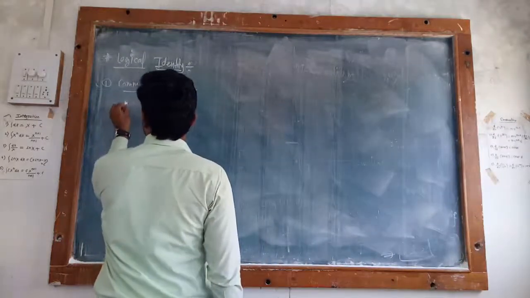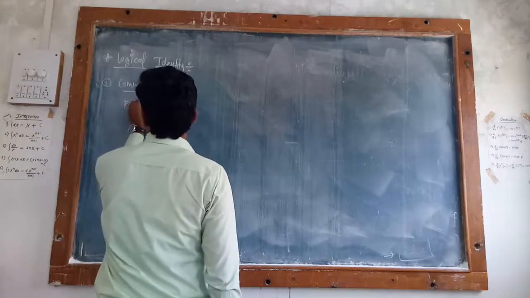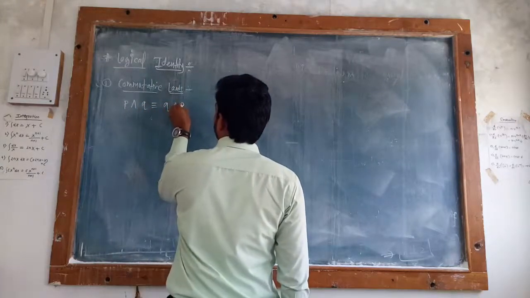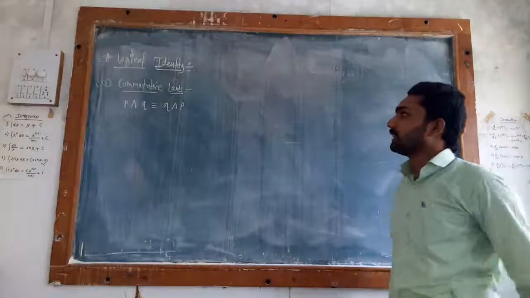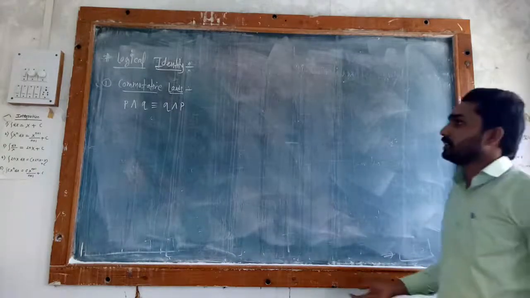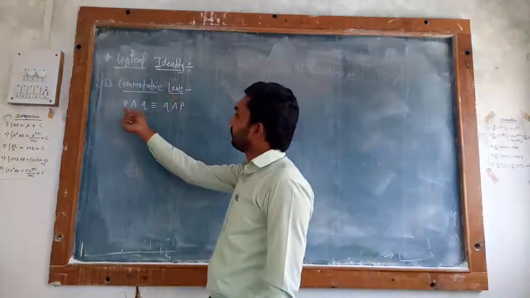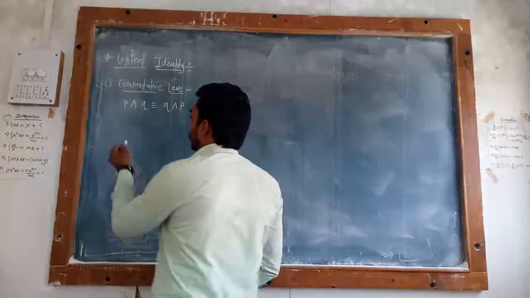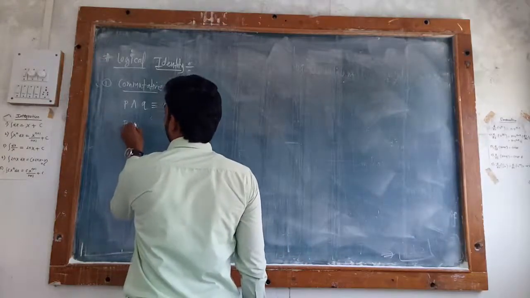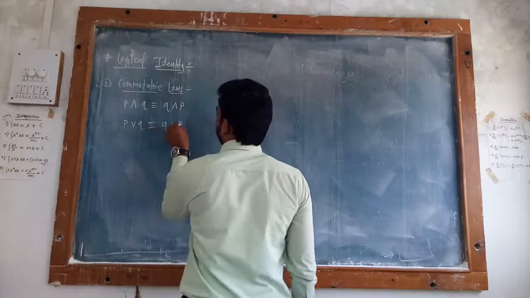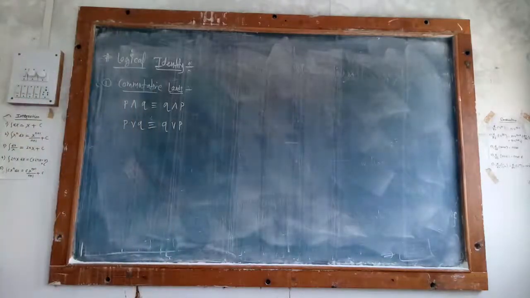The commutative law is: P and Q is logically equivalent to Q and P. So if there are propositions P and Q, then P and Q is equivalent with Q and P. Similarly for or: P or Q is logically equivalent with Q or P. This is your commutative law.